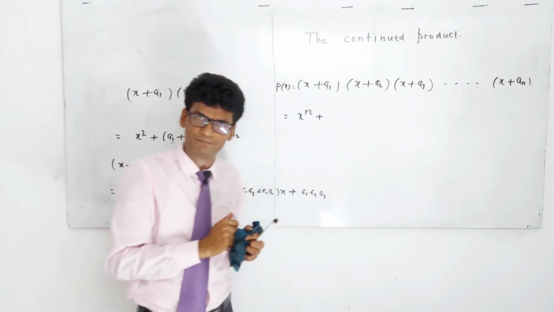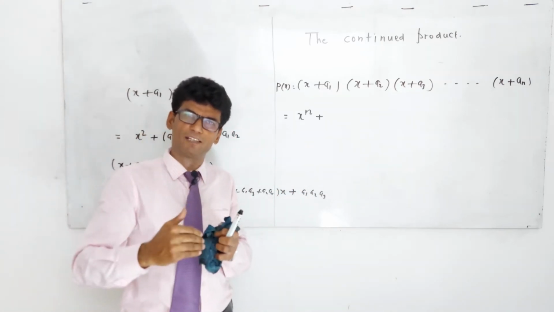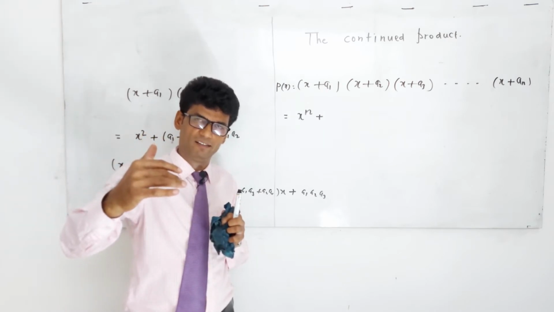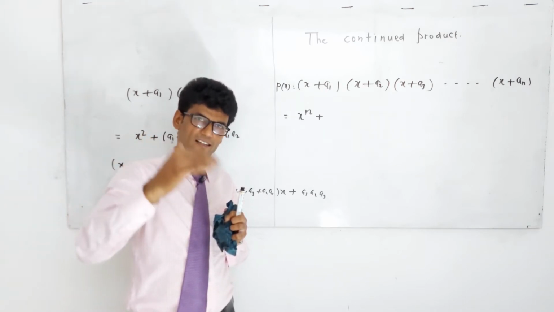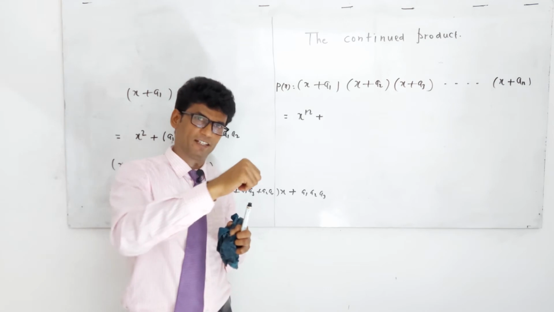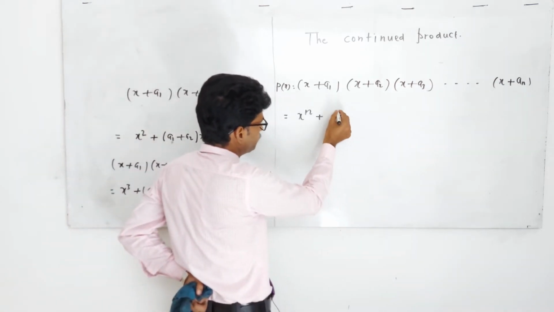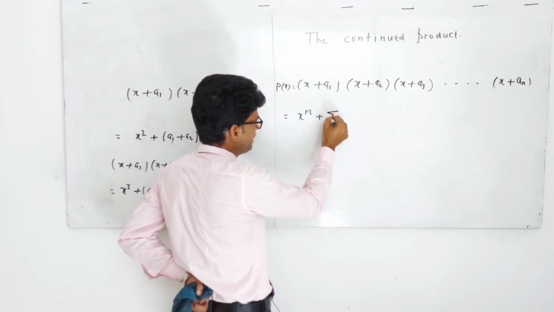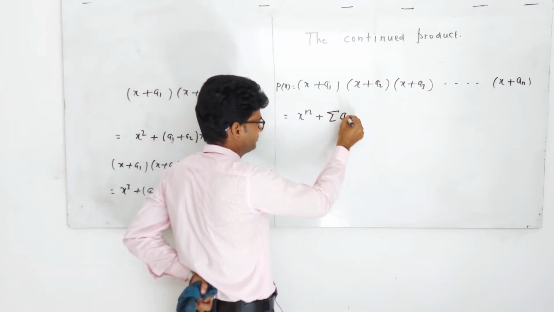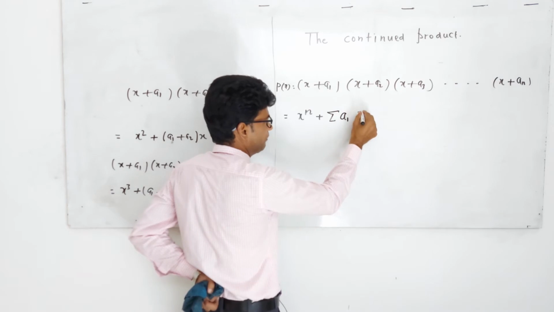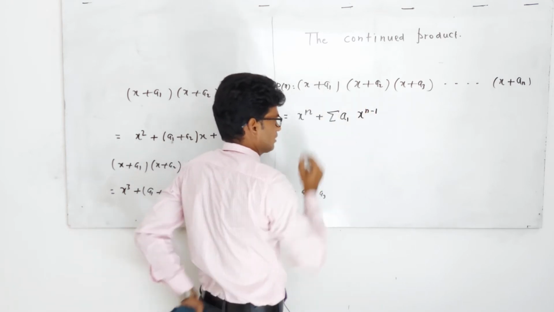Then x to the power of n minus 1 comes out to be common. And the remaining, I am going to write here. So here it comes out to be sigma a1, x to the power of n minus 1.